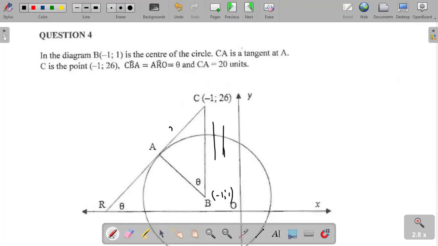So from here to there, is it going to be equal to AB? No, it's not going to be equal to AB. We also know that CB is 25 units, because we have a 1 here, so you have to count from 1. It's because of the coordinates. We have the coordinates here, and we also have the coordinates here.